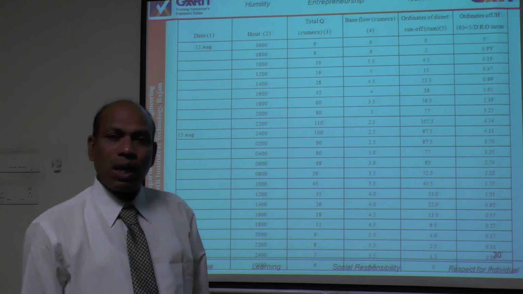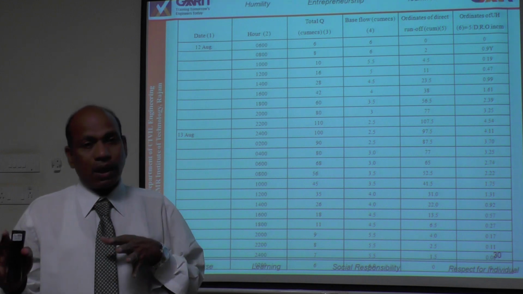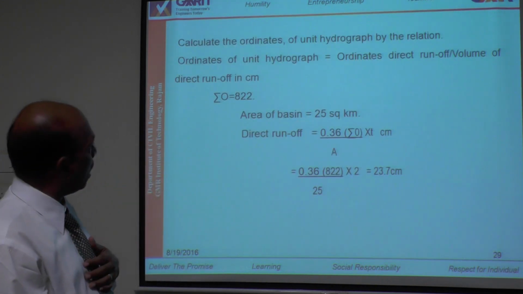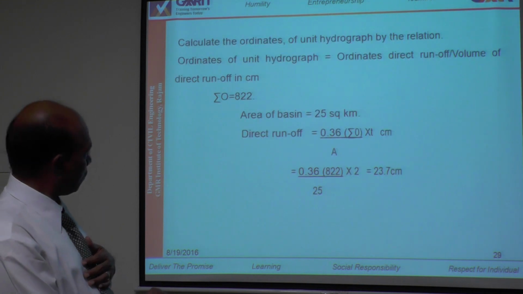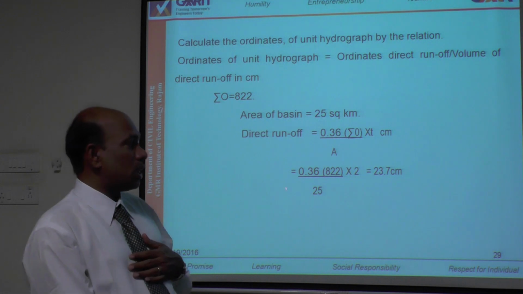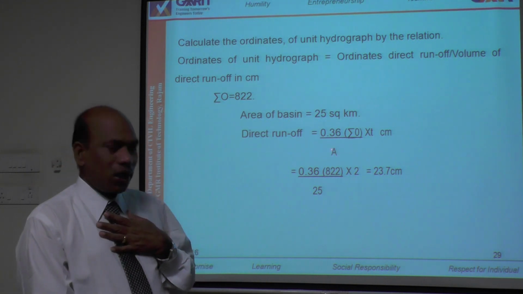Once we calculate the direct runoff ordinates, they can be converted into depth. We have one formula here for the determination of direct runoff depth. Once we know the direct runoff depth, only then can we construct the unit hydrograph ordinates.